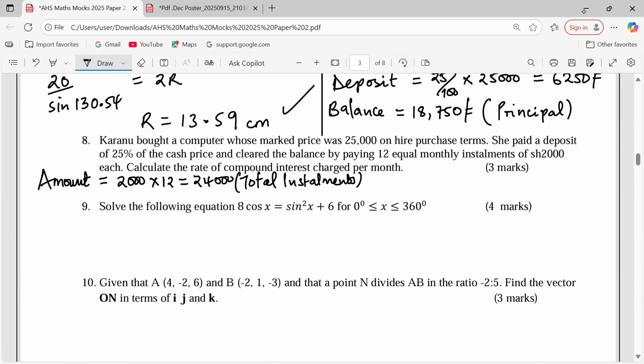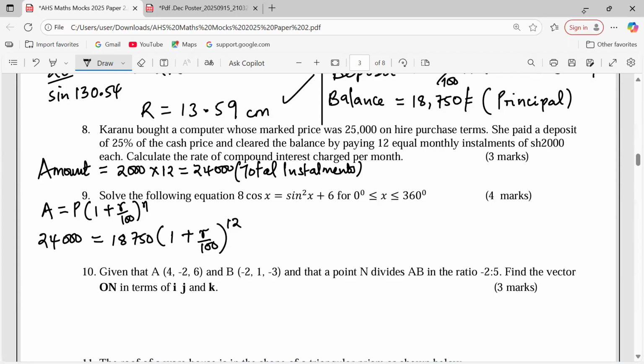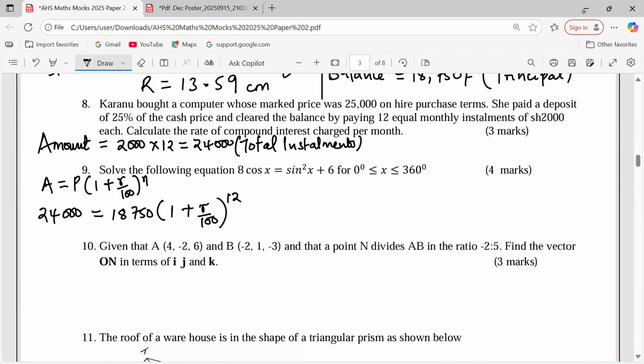So let's follow through, whereby amount is usually given by principal times 1 plus rate over 100 raised to n. So 24,000 equals principal 18,750 times 1 plus an unknown rate raised to the number of interest periods, 12 months. So we can divide through first by 18,750, giving us 1.28.